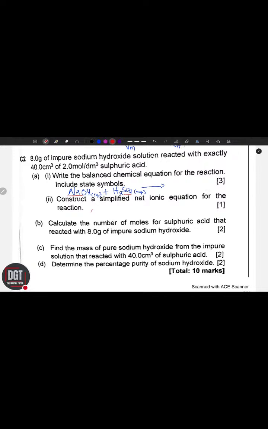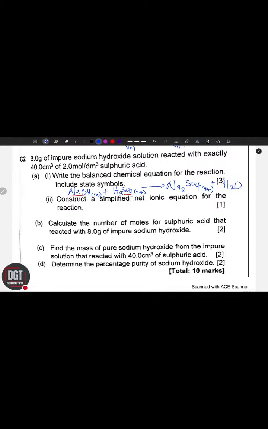So now it is sodium and sulfate that is reacting. Sodium has a valence 1, this one has a valence 2. So sodium sulfate is written as Na2SO4, which is aqueous, then plus water, which is H2O.